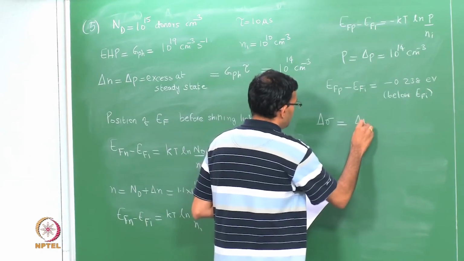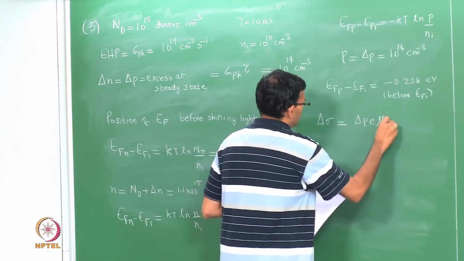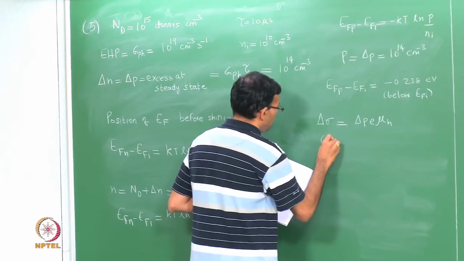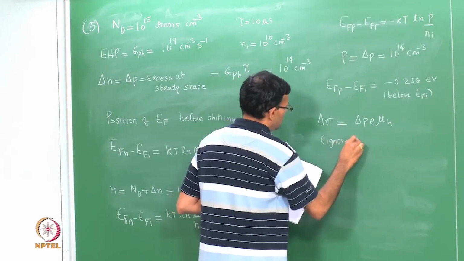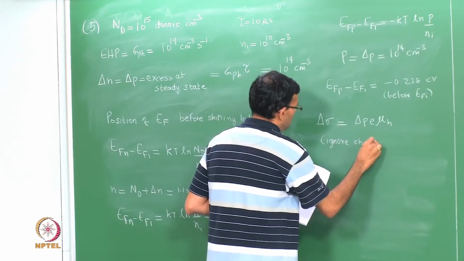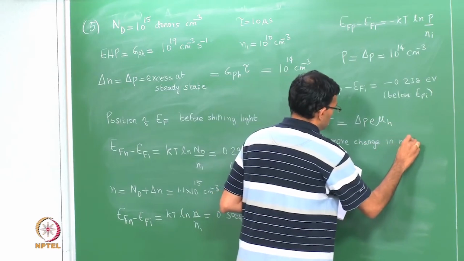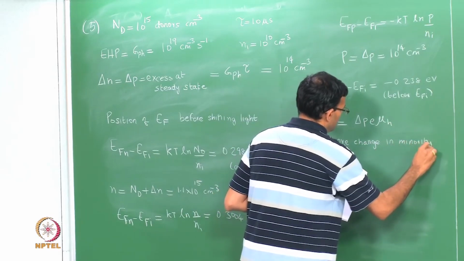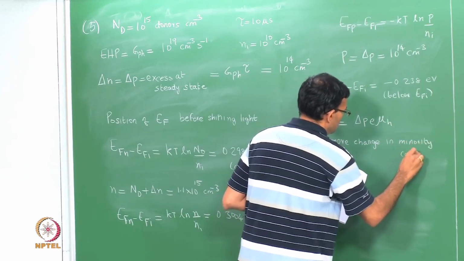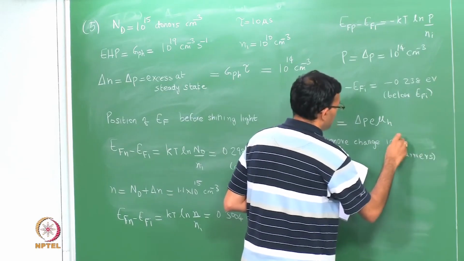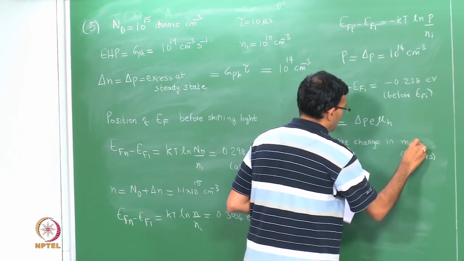So, delta sigma is nothing but delta P e mu h. So, we ignore the change in the majority carriers and only look at the minority carriers.